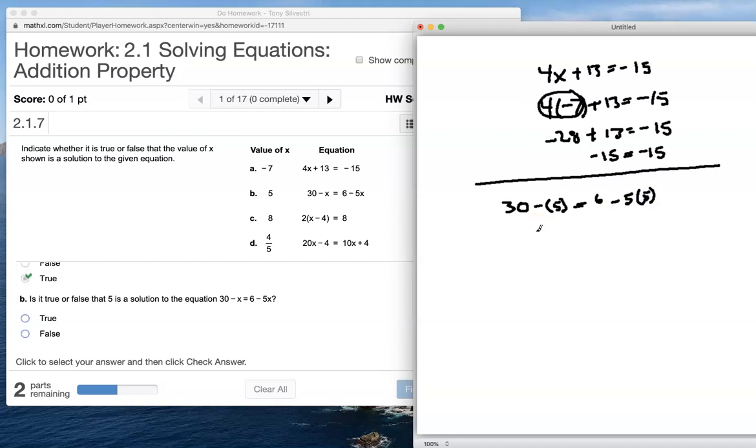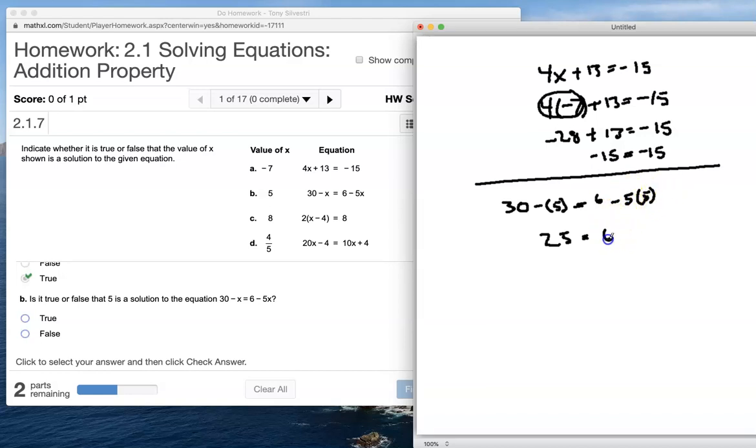Equals 6 minus 5, and put the parentheses here because otherwise it looks like 55. And this is what I get for my substitution. Now, the left side has 30 minus 5, which is 25. The right side is, well, but don't do 6 minus 5. Don't go left to right order. You've got to do multiplications first. I get -5 times 5, always with the sign.